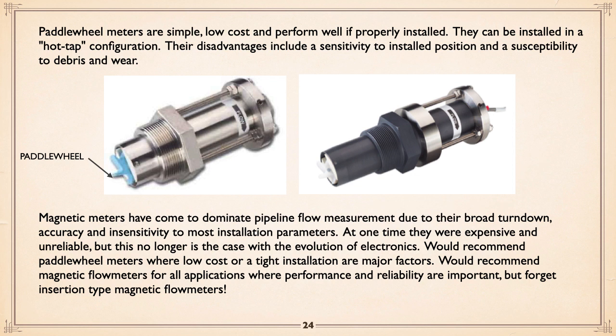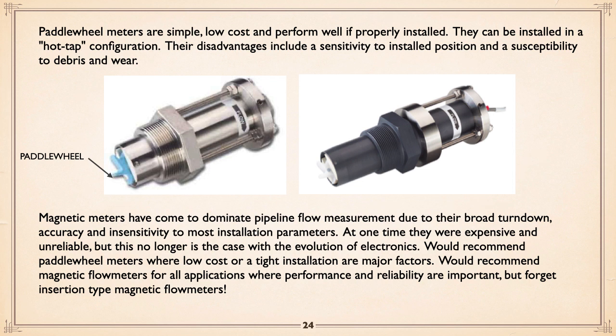Mag meters, to me, are the answer. They've come to dominate pipeline flow because of their broad turn down, accuracy, and insensitivity to most installation parameters. Realize they only work with a conductive fluid; water and wastewater, being water with stuff in it, are both fully conductive.